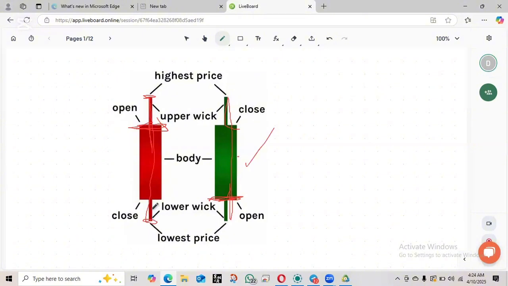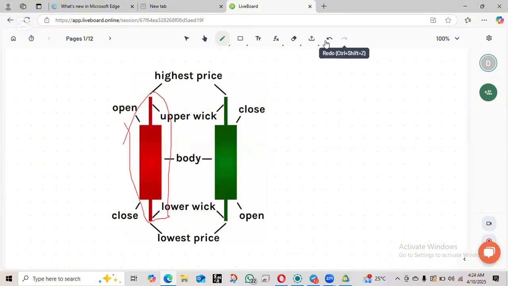The buyers still struggled and managed to push it up here, and that's where they got exhausted and the time was up. The time finished. So if this is the 1 hour time frame, it simply means the battle was on for 1 hour, right? Yeah, this one was on for 30 minutes.